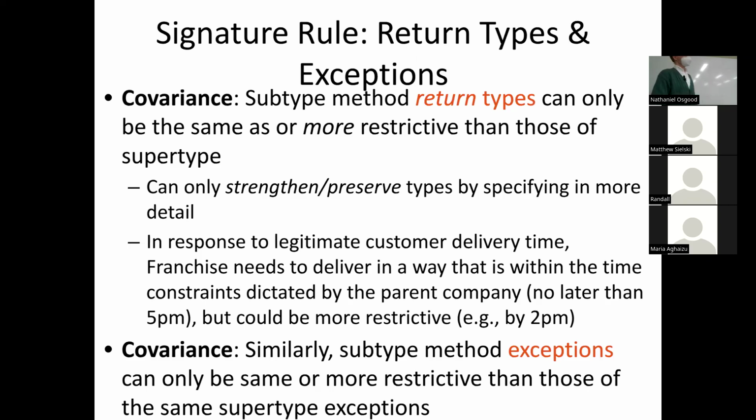Now, for return types, we have covariance. If the method in the supertype returns an object, that method in the subtype could return an object.